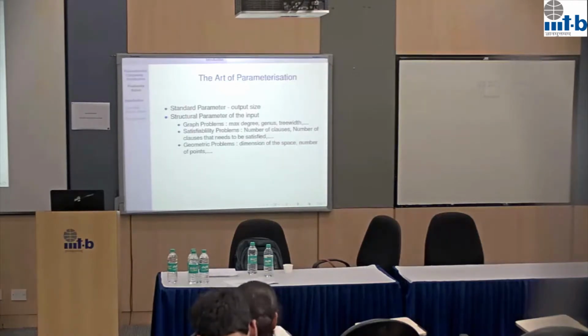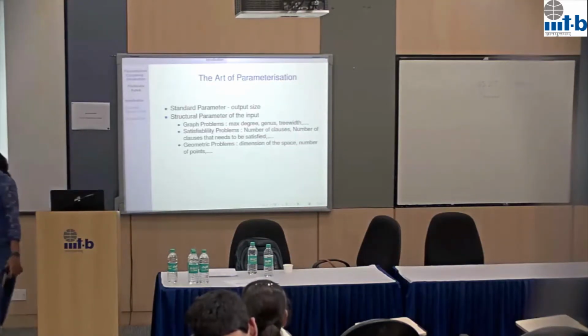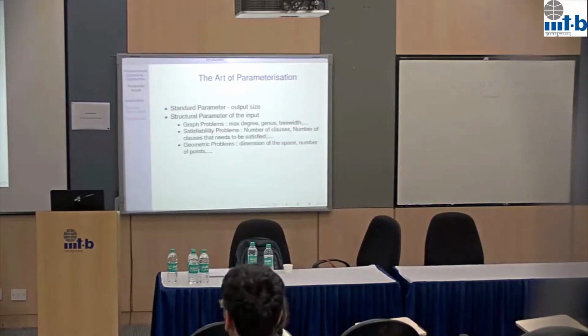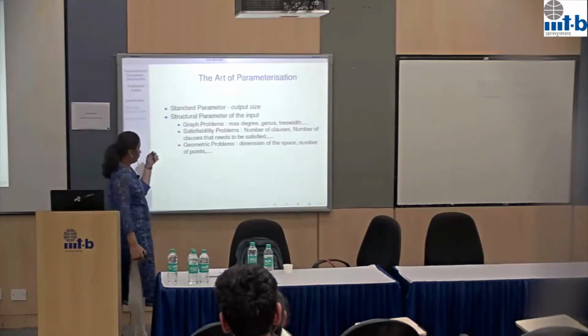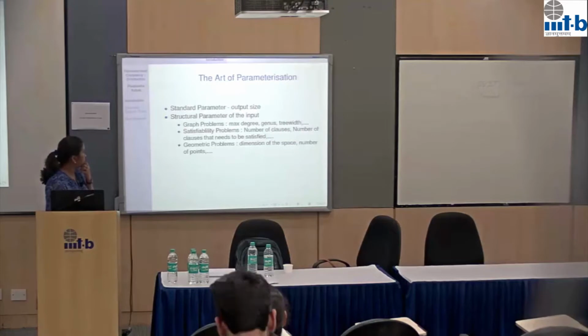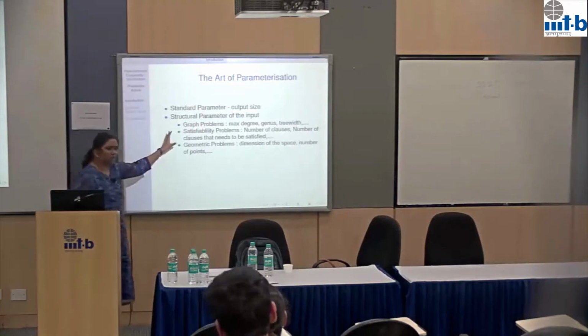Now, satisfiability problems. All of you have seen SAT problems, right? Given n variables and m clauses, you have to find an assignment with certain properties. For this kind of problem, the number of variables can be a parameter, the number of clauses that need to be satisfied, and so on.